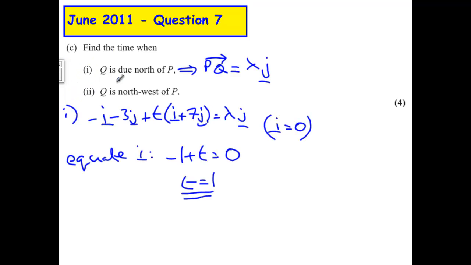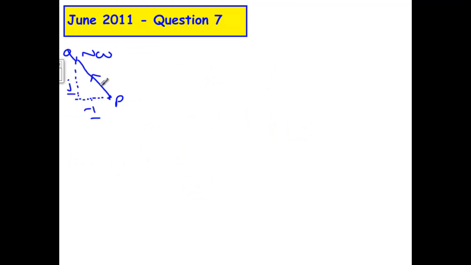So using a similar argument as part 1, I'm going to take my general expression for PQ, and instead of saying that is equal to lambda times j, I'm going to say, because it must be parallel to the vector minus i plus j, I'm going to set it equal to lambda times this.